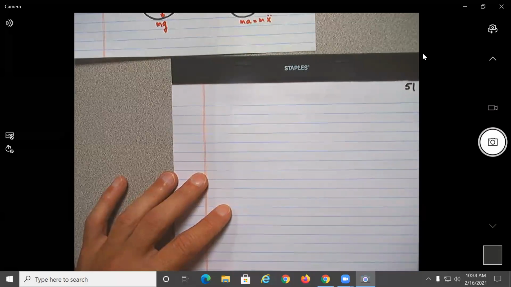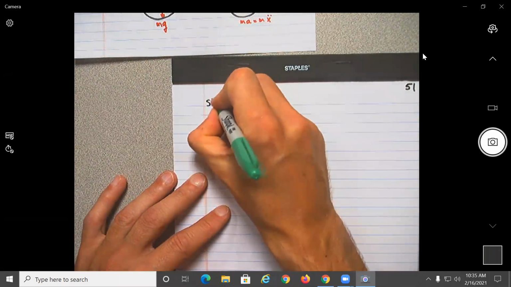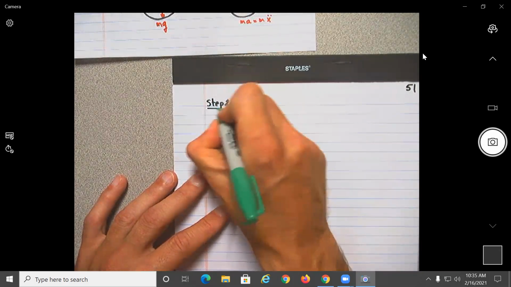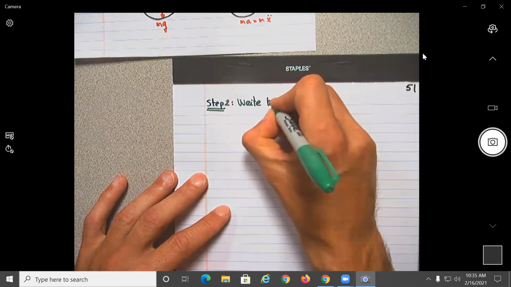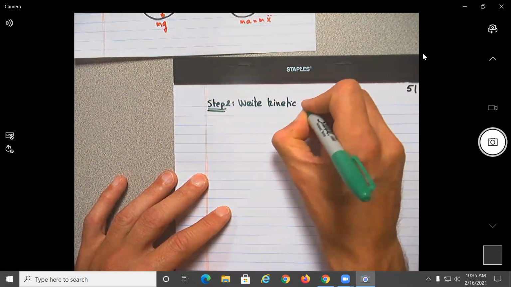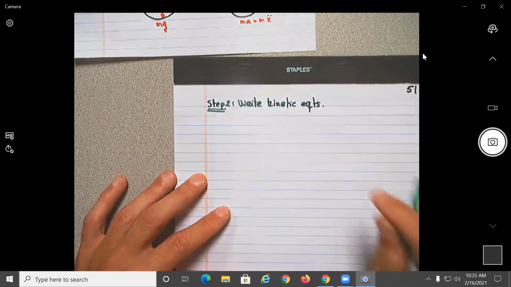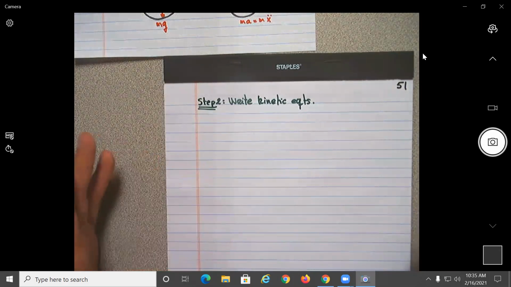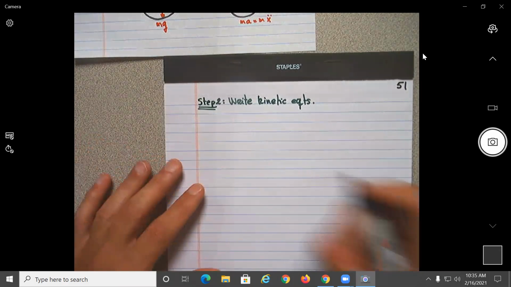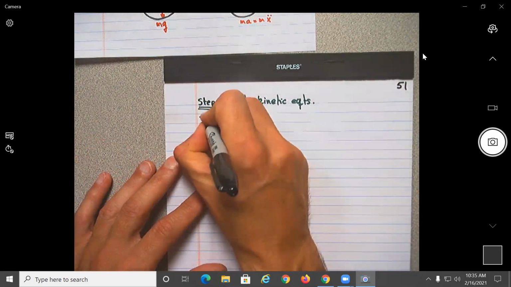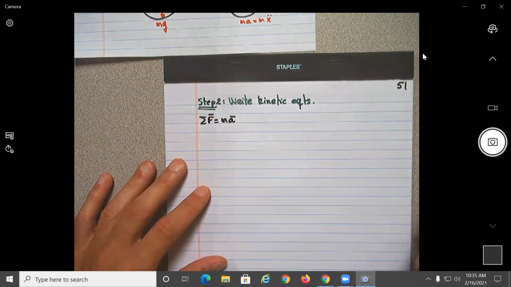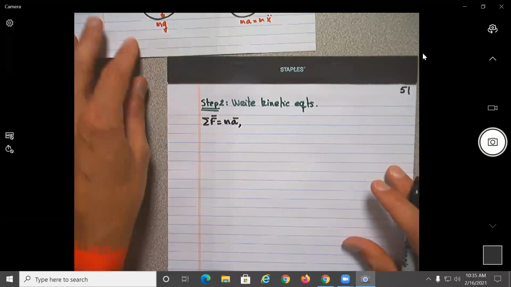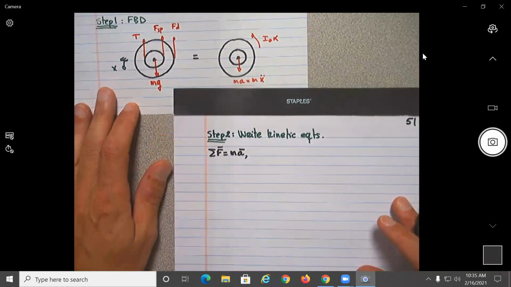So step 2, write dynamic, or what is the same thing, kinetic equations, which are what? The equation that defines the translation. Summation of forces equals to MA. So here be careful because look at the figure.